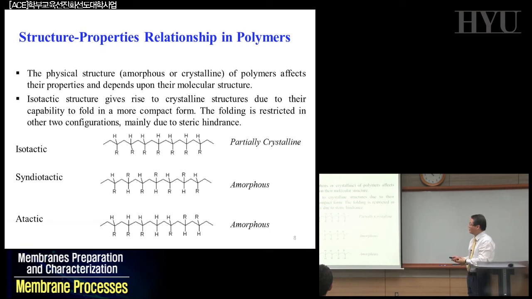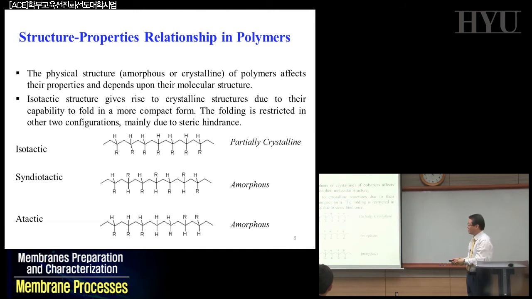And the geometry of the substituent group, called R, the position of this R will determine your density. Okay, if you have the R group in the same direction, toward the downward, that is isotactic, or randomly distributed, in the case of atactic, or you have one on the bottom and the other one on the top, one bottom, one top, stuff like that.